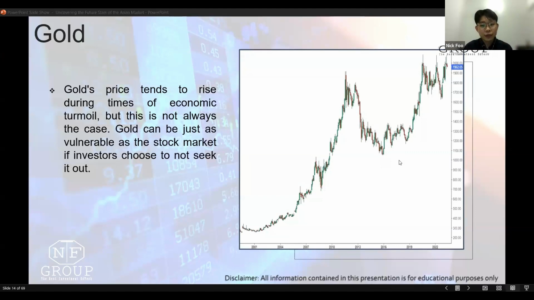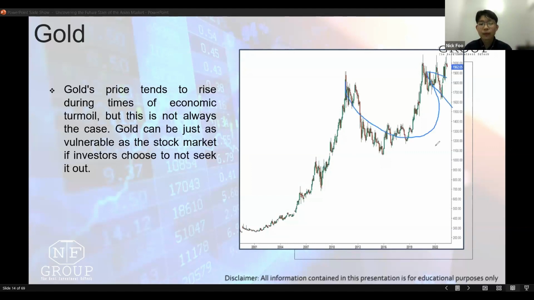Now look at this monthly chart. Okay, let me tell you. This is a cup and handle.